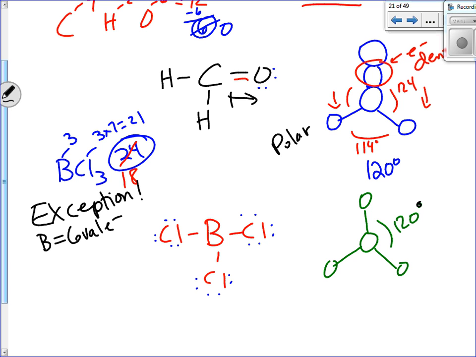And remember, you have 3 things attached, so these are going to be sp2 hybrids. Okay? And this guy, all the ligands are the same. This one is going to be nonpolar. So all of the dipole moments are going to go out towards the chlorines, being the more electronegative element.